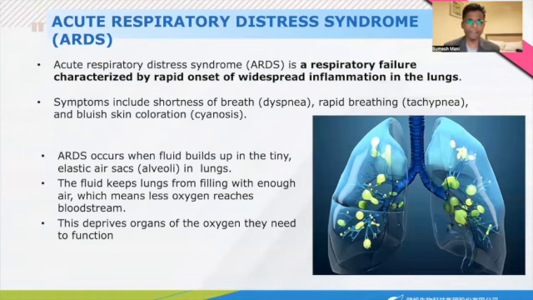This normally occurs when fluid builds up in the tiny elastic air sacs. So this is called alveolus. You can see here, there you get some kind of fluid buildup, which will block the transport of gas, which is carbon dioxide or oxygen, and which really creates these kinds of issues. The main problem is that something happening to the lungs easily spreads to the whole body. Right. So this is what this syndrome is.